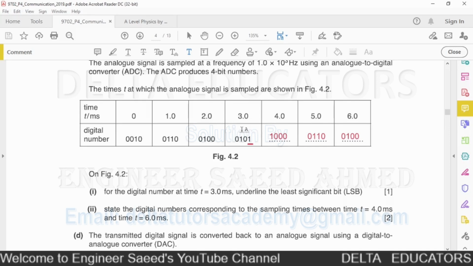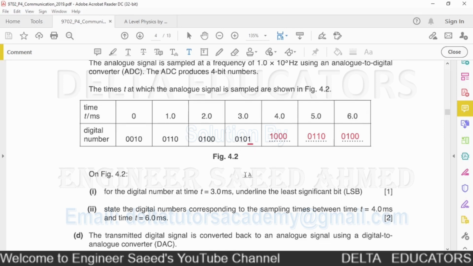In this binary number, the digit on the extreme right hand side is called the least significant bit, and on the extreme left hand side is the most significant bit. Here it is asked for the least significant bit, so it will be on the extreme right hand side, that is 1.